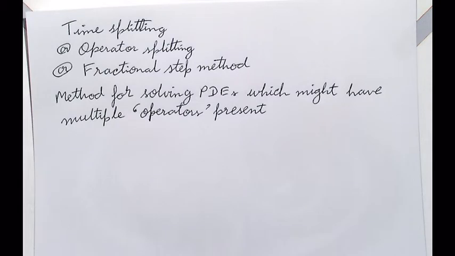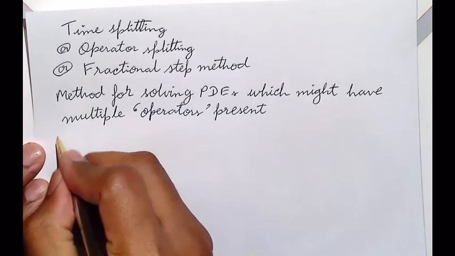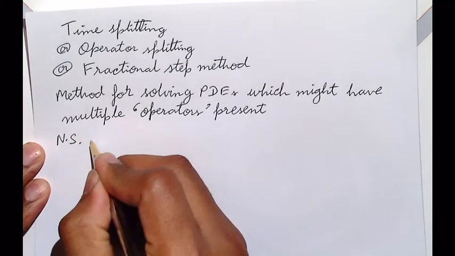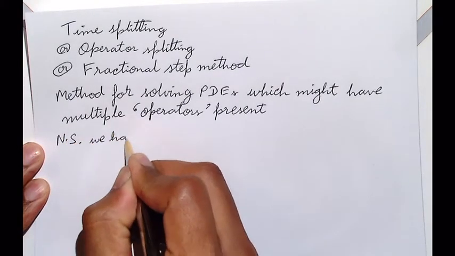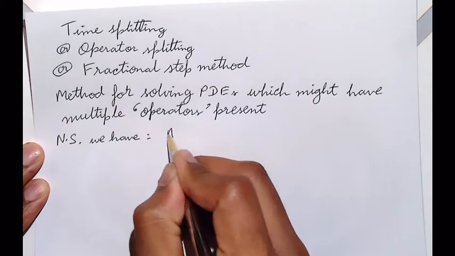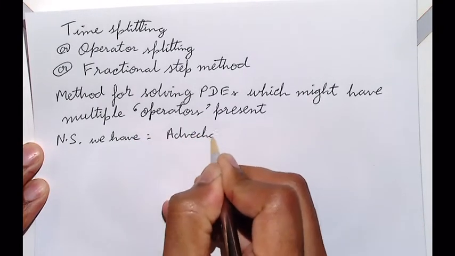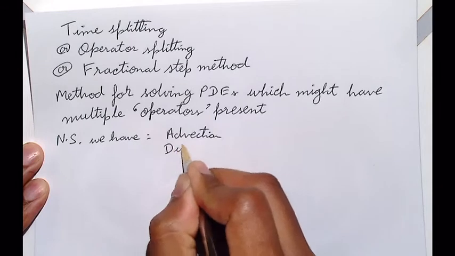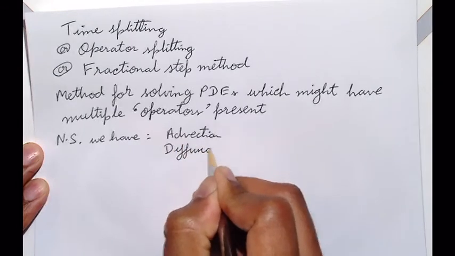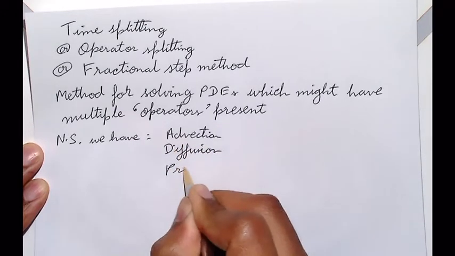We have advection, we have diffusion, and we have pressure. So each of these is represented mathematically as a different operator, right? So in Navier-Stokes, we have advection, diffusion, and the pressure Poisson.